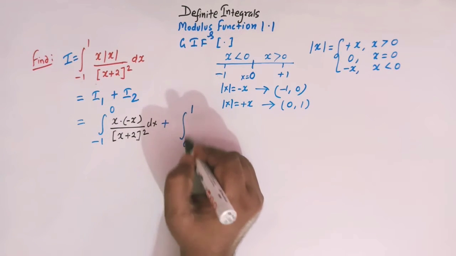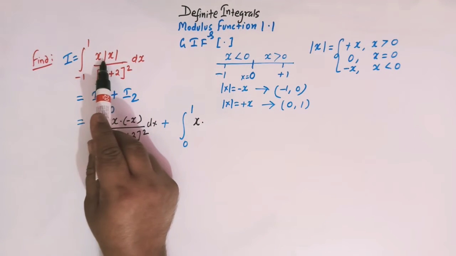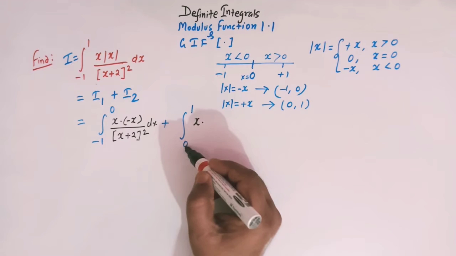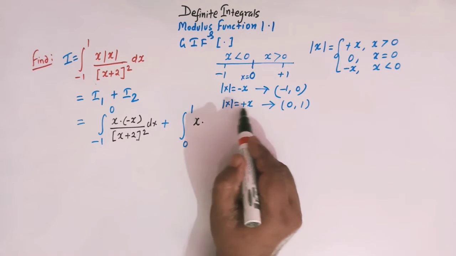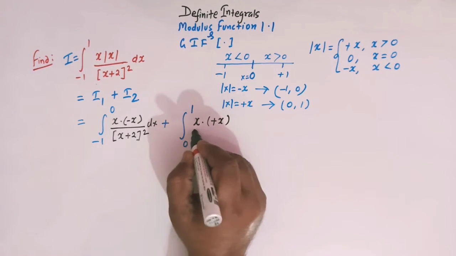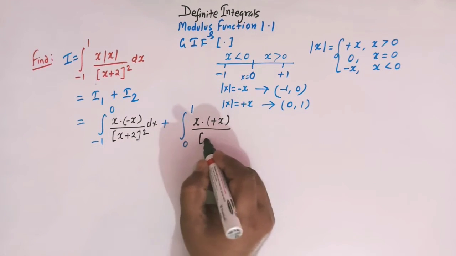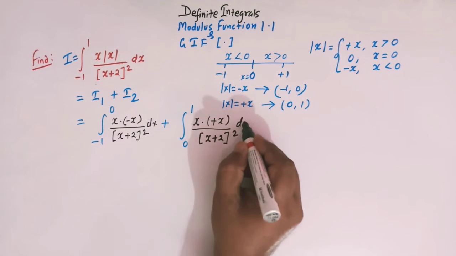And in the second integral we have x times the mod of x, and when we go from 0 to 1, then mod of x is equal to plus x, right? So here we have plus x, and here we have the greatest integer of [x plus 2] square, right?